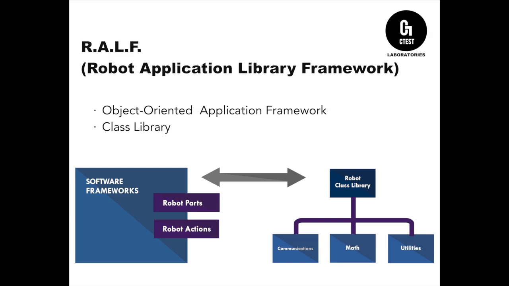And so we have a robot class library that encapsulates a lot of the day-to-day functions and data structures and algorithms that a robot might use. We've been able to get that into a nice class library, all based on an object model.